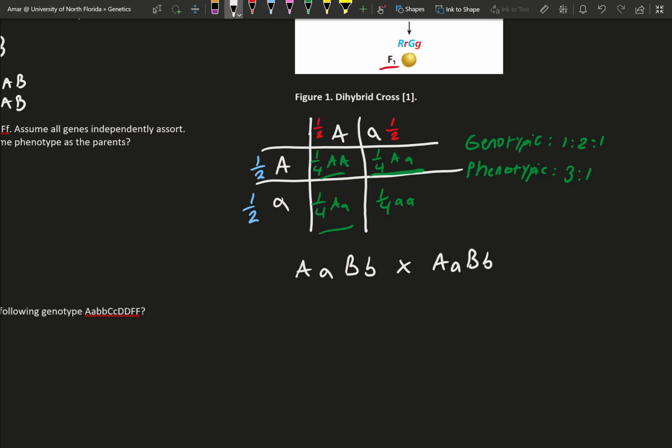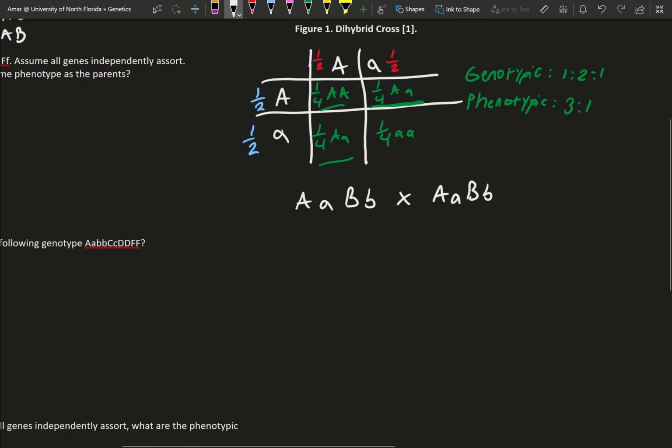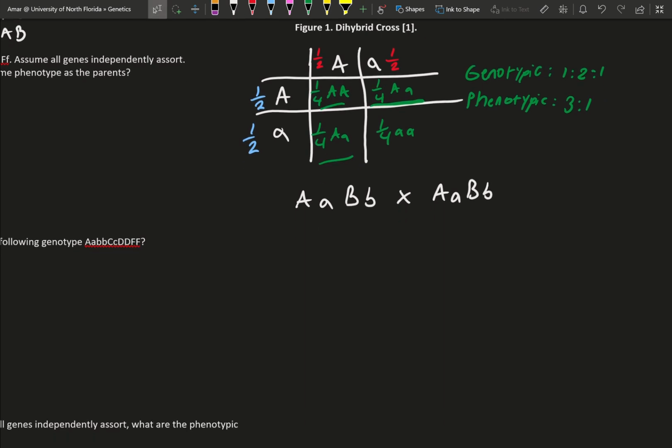The normal human being way to explain this is that you separate each of these genes into their own crosses. First we cross the A's together with themselves, then we cross the B's together with themselves, and after we're done with that, we can combine them together into a single unit by multiplication.